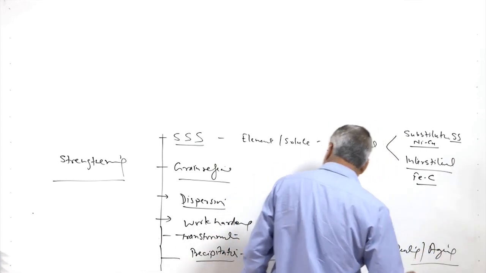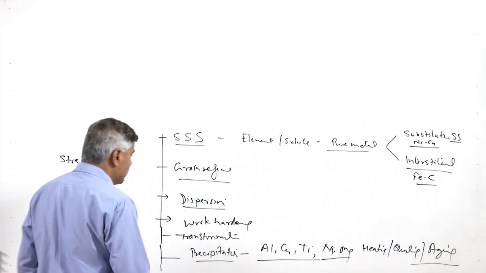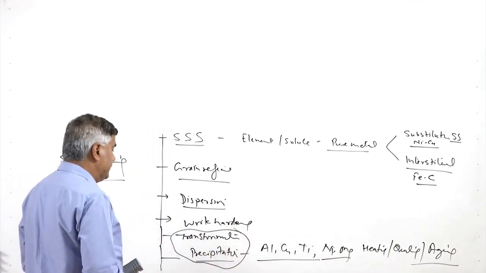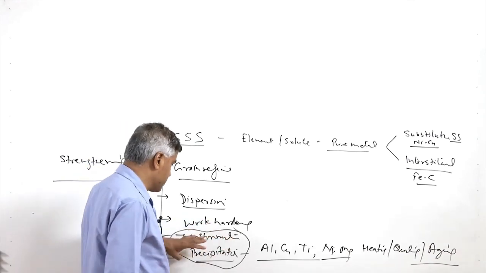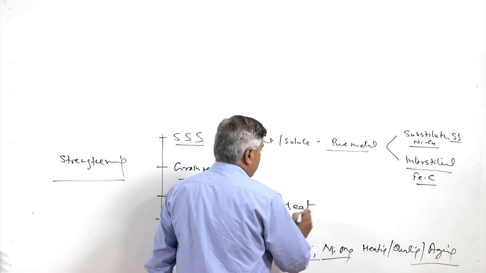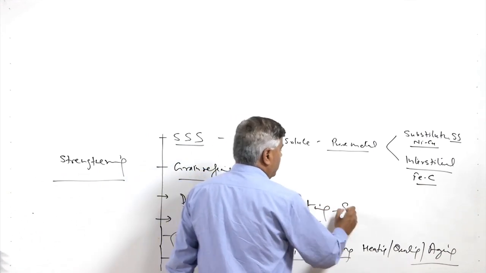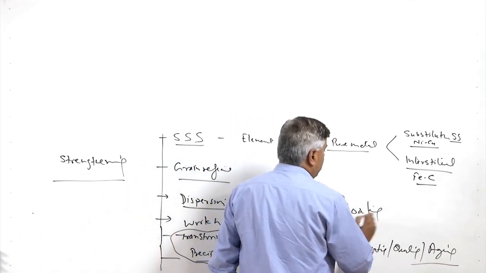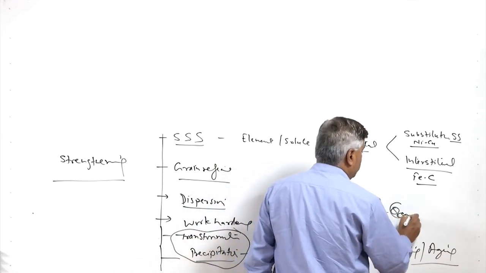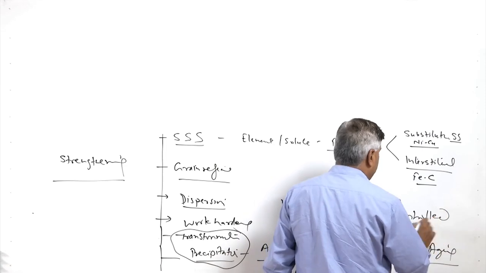So, the last two strengthening mechanisms, transformation hardening and precipitation hardening, are heat treatment processes which involve heating, then soaking, then cooling, or you can say controlled cooling is realized.